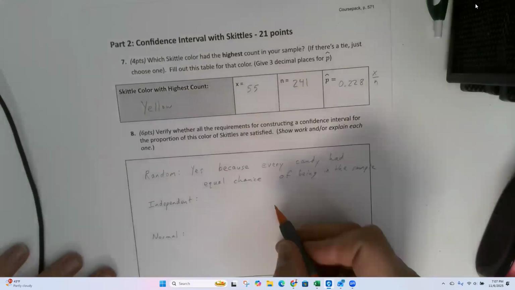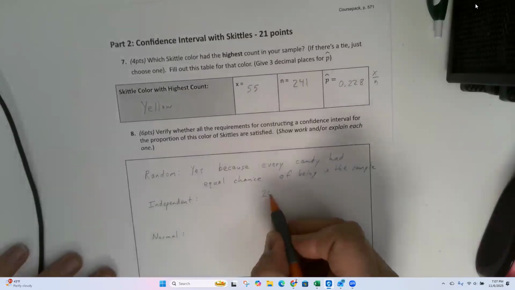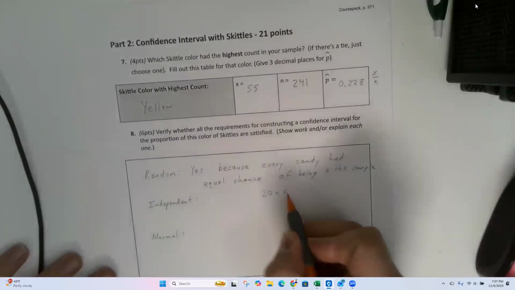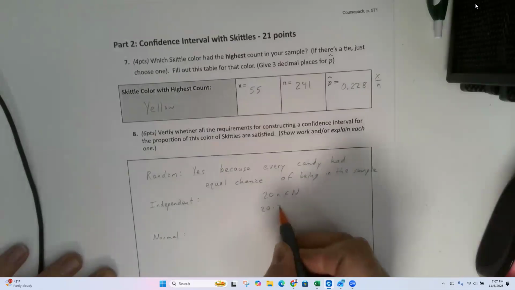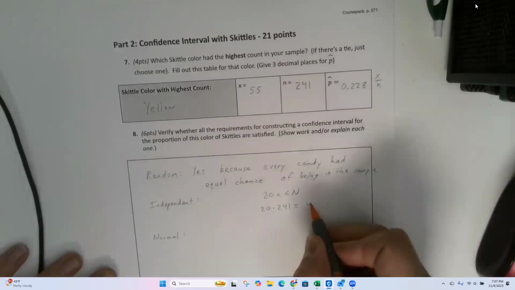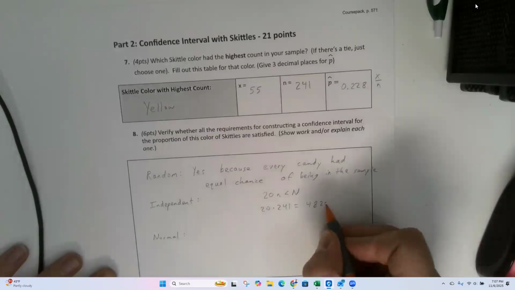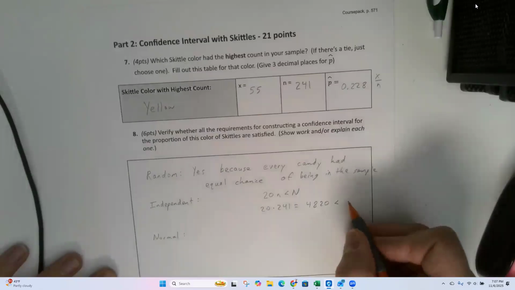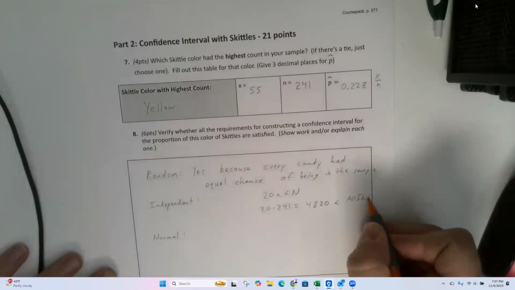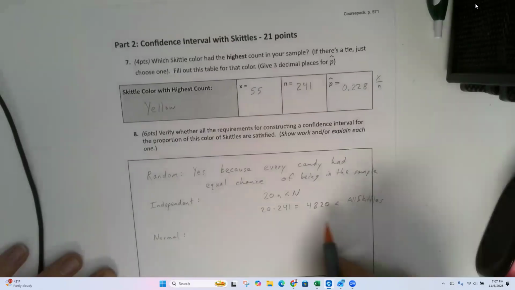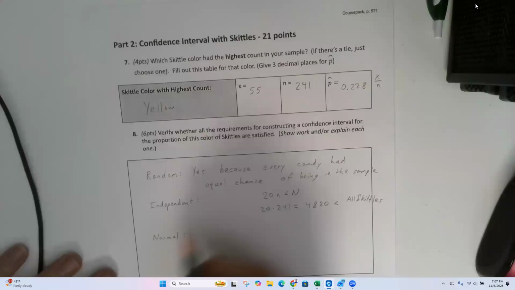So independent, I need to check 20n is less than capital N, so 20 times 241. For me, that is 4820. Is that less than all Skittles? Yeah. There's way more than 4,800 Skittles, so yes.